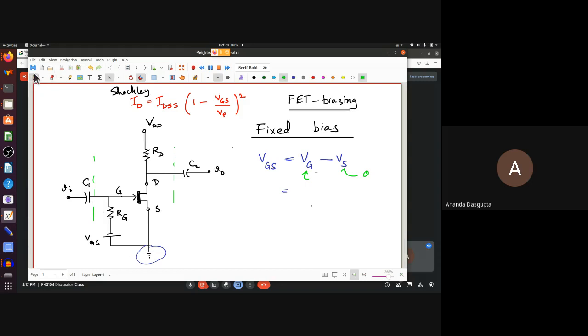Even if you don't remember anything about FETs, this has nothing to do with FETs really. This is more about basic circuit analysis. This current here, where can it go? This of course can flow like this, right? But then it has to complete a circuit. Can it go through this?